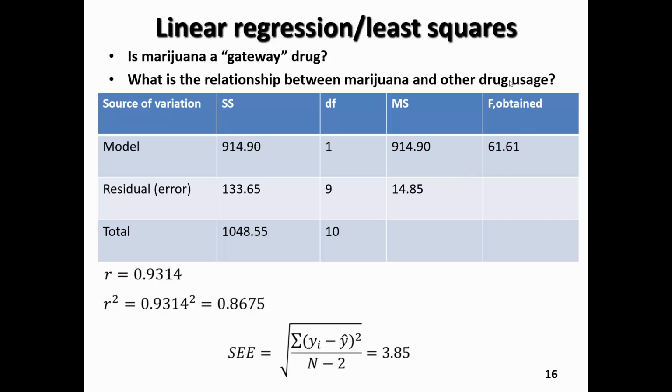The test statistic, sometimes referred to as the F obtained or F data, is the model variance divided by the residual variance. Remember, the model variance accounts for the variability in the y-axis that is accounted for by the variability in the x-axis.